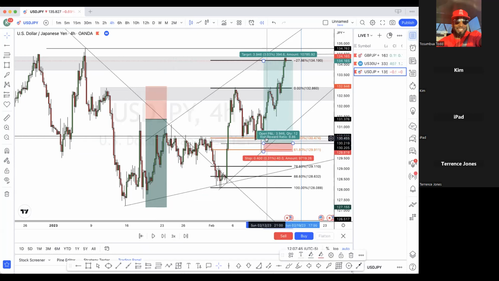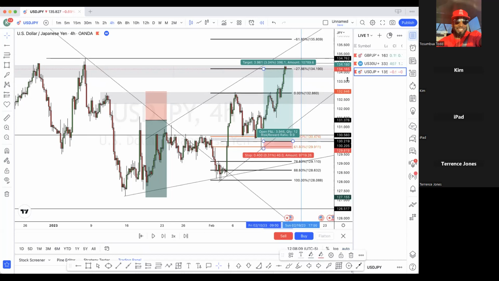So with that being said, the target could have been either these highs right here for 264 pips with a 6%, or the target of negative 27 for 396 pips and 9%.